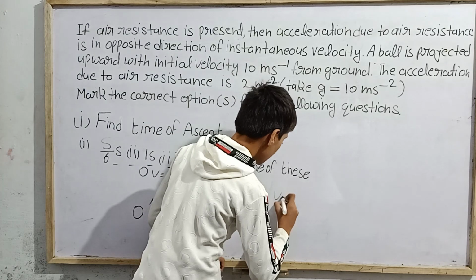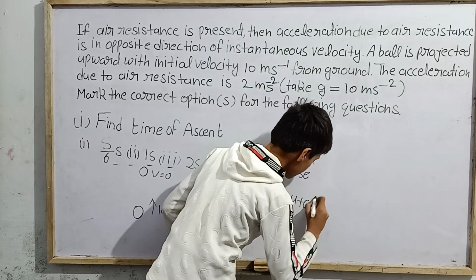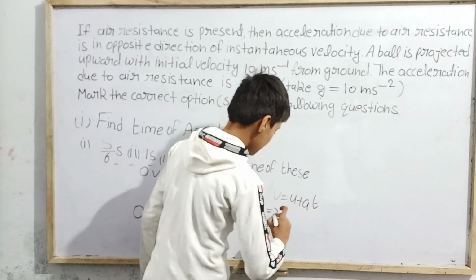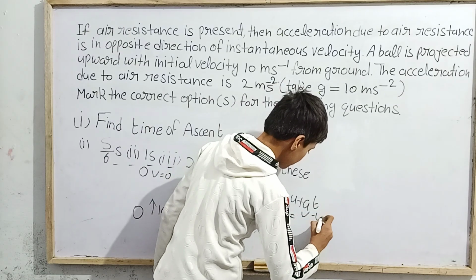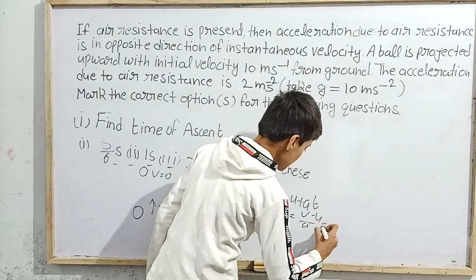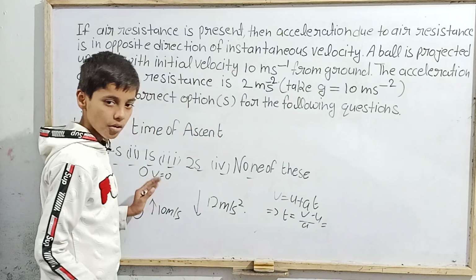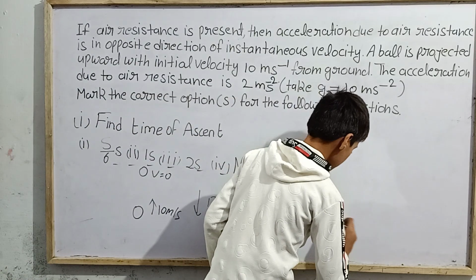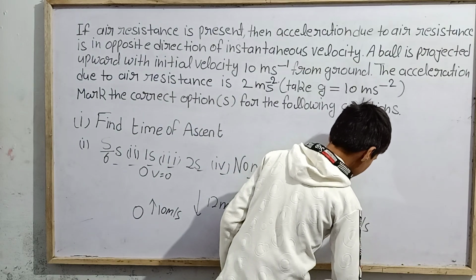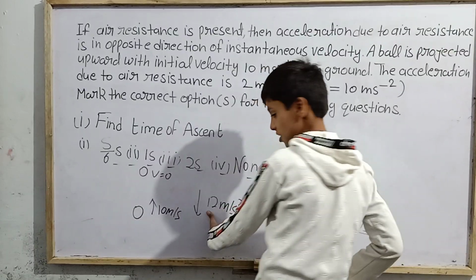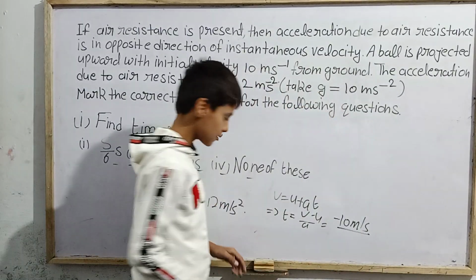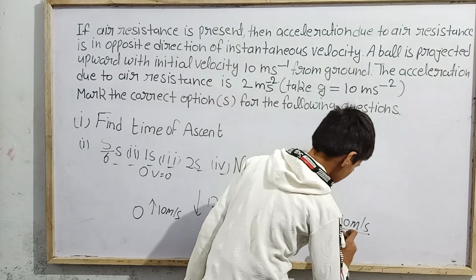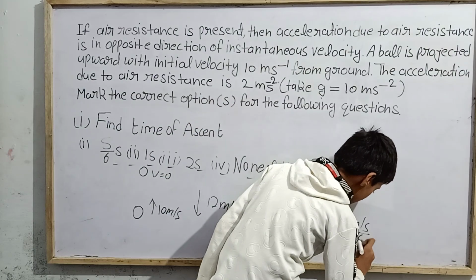We will use the first equation of motion, v equals u plus at. According to this equation, t equals (v minus u) by a. The final velocity is 0, so 0 minus 10 gives minus 10 meters per second, divided by the acceleration, 12 meters per second square towards the downward direction, or minus 12 meters per second square.